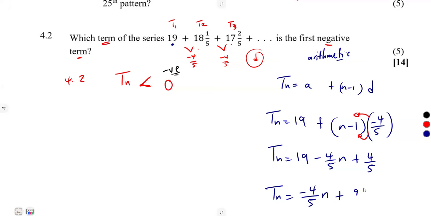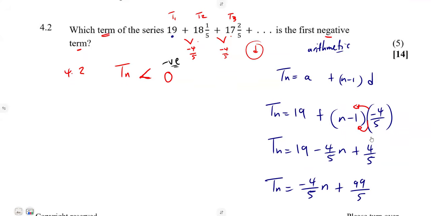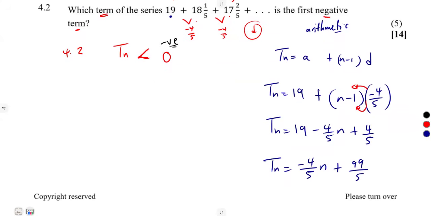So that's plus 99 over 5. That's our Tn. But remember, the condition is that our Tn is supposed to be less than 0, to be negative. So you take that Tn, then solve. Negative 4 over 5 n plus 99 over 5 is supposed to be less than 0. Let us solve for n.